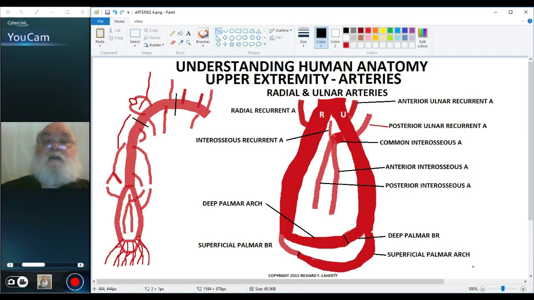And the radial artery has a superficial palmar branch which end-to-end anastomoses with the superficial palmar arch. So that these two arteries, the radial and ulnar arteries, are connected together distally. And that connection is redundant. There are two connections between these two arteries.